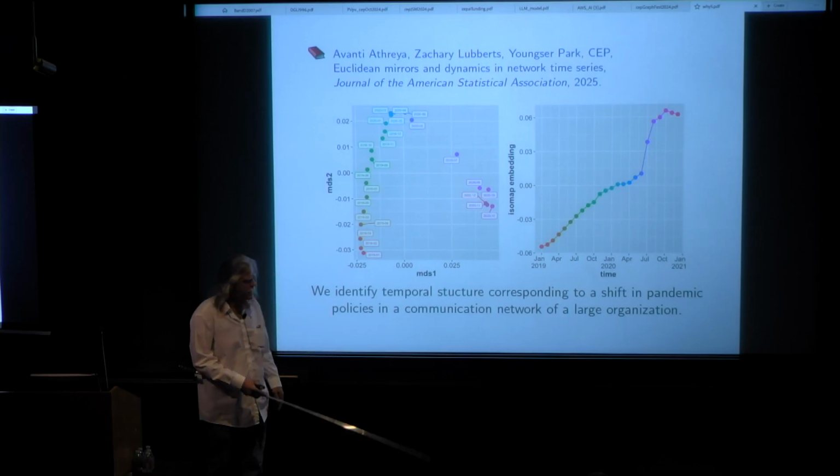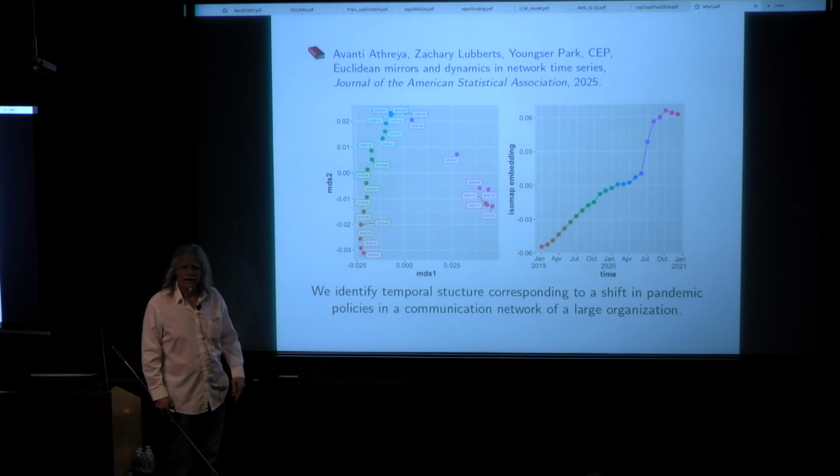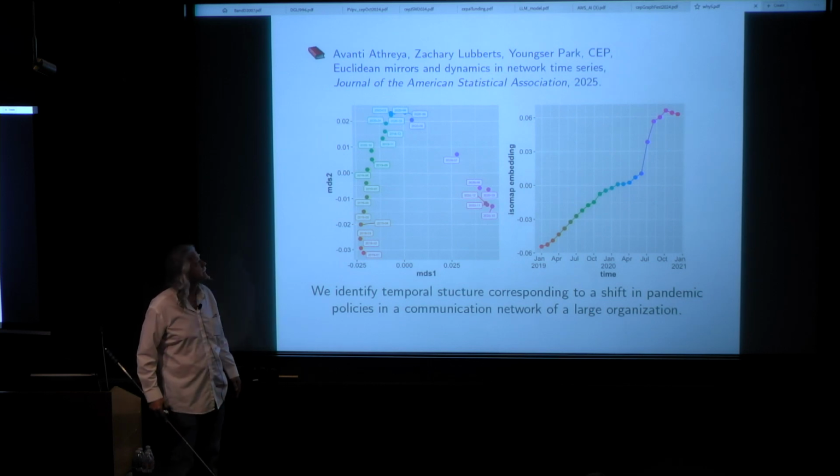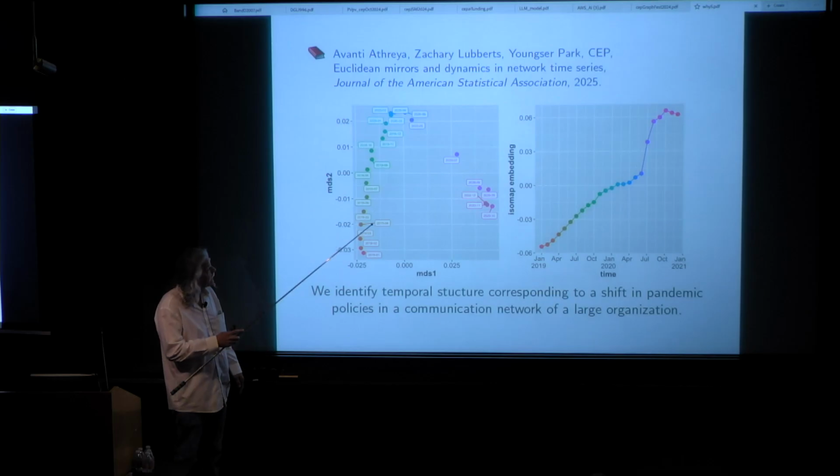Each dot in this plot is a network, for example the network in January of 2019. They come from estimating this Euclidean mirror. In this particular case, I have 24 dots because I have 24 networks. You might not be able to read it, but if you look at the color, it goes from January of 2019 pretty much following time.